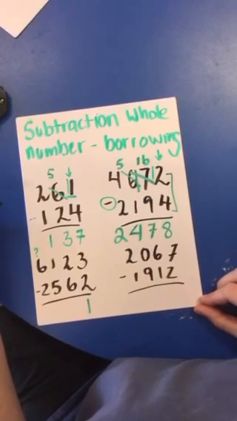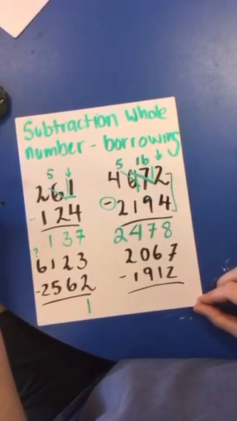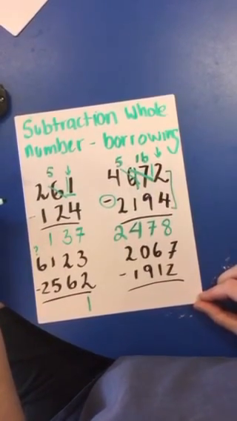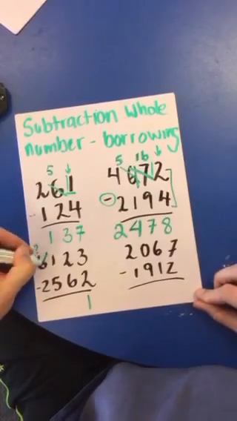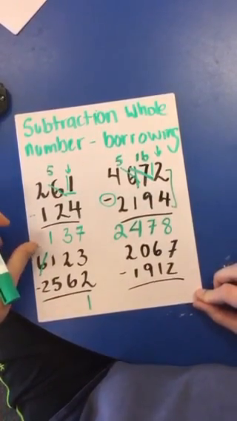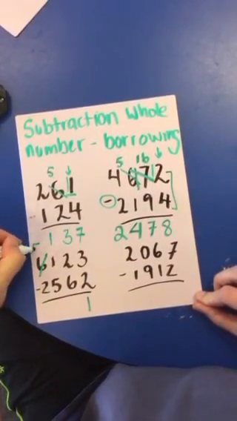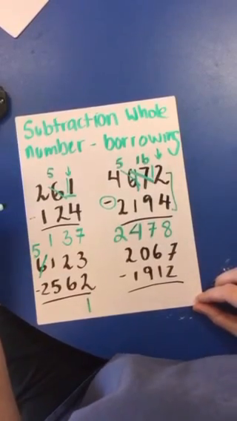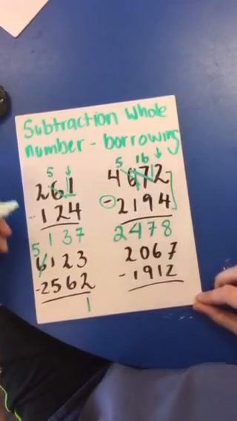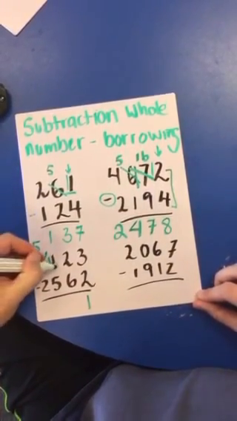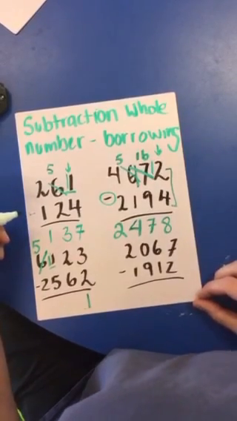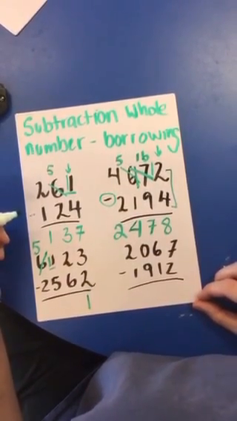Is that 6 larger than the 2? And the answer is yes. That is now 5,000. And the new number that I've created in there is 11.